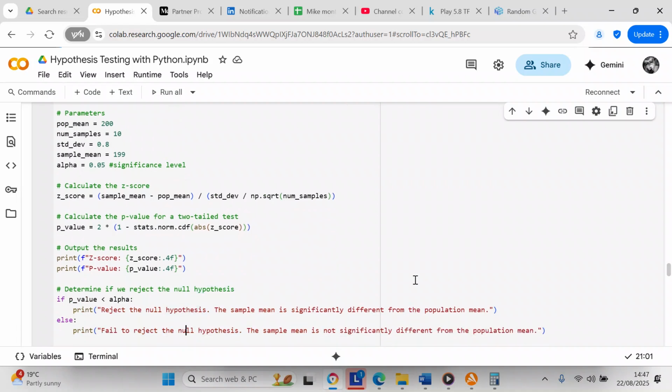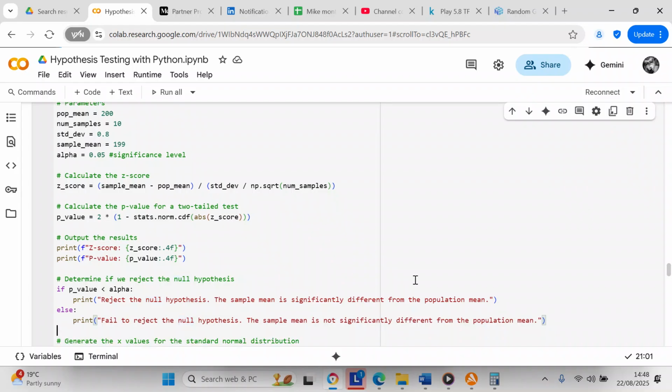Then we ask the question: if the p-value is less than alpha, which is 0.05, then you reject the null hypothesis. The sample mean is significantly different from the population mean. Otherwise, if the p-value is greater than alpha, you fail to reject the null hypothesis. The sample mean is not significantly different from the population mean.